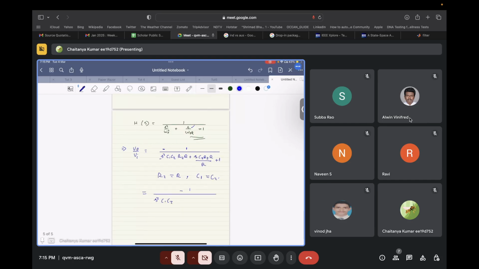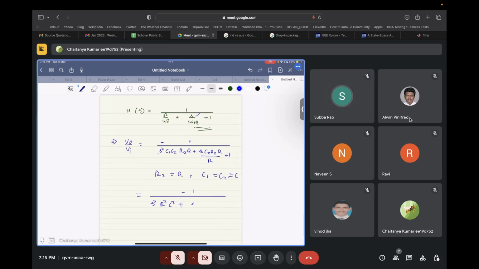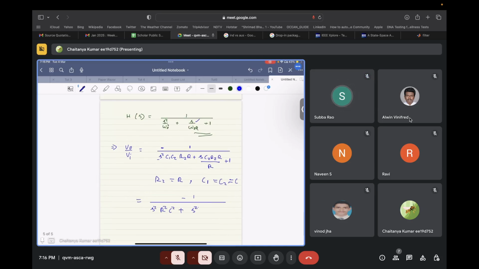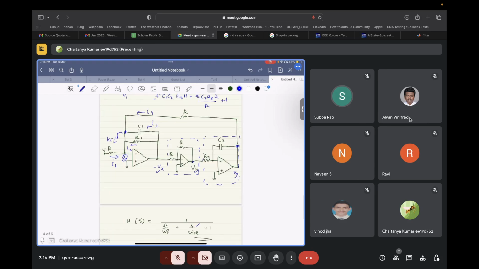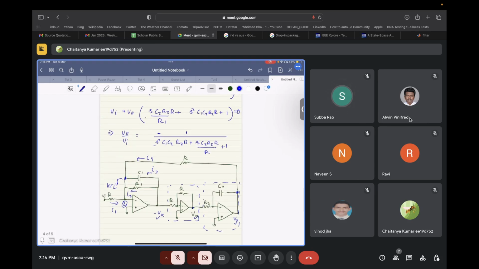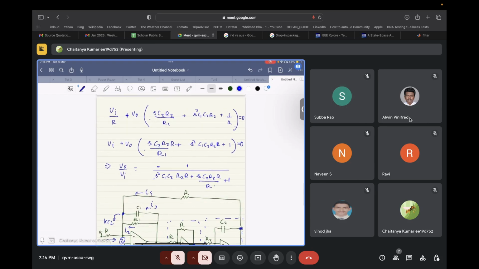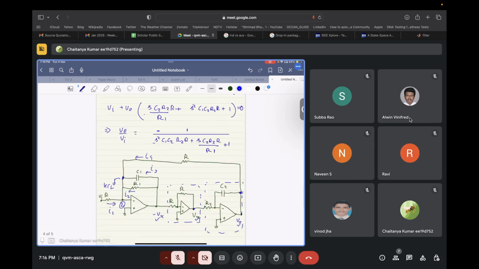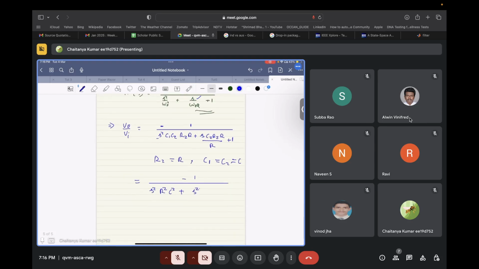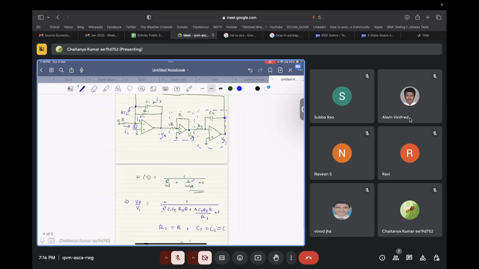Okay. So we get S square, and let's call this C. So we get S square R square C square plus, just a minute, this is R1. R1 over here.